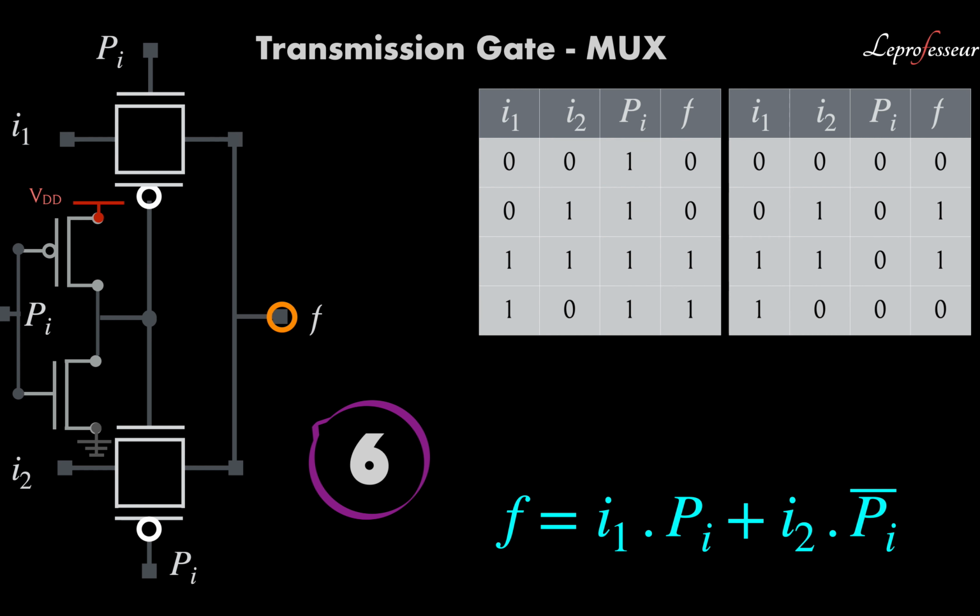Usually when you do big circuits, you invert the select line, use one inverter, and then keep using the same inverted version for subsequent transmission gate structures. So you invert one, and then you keep using this structure in series.